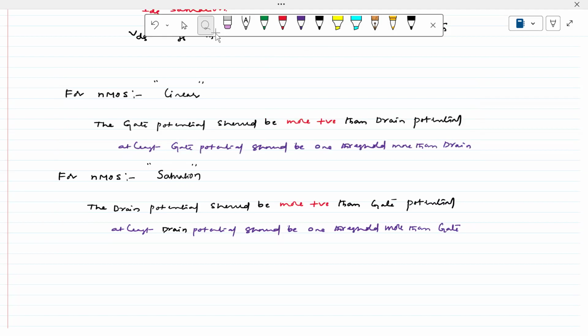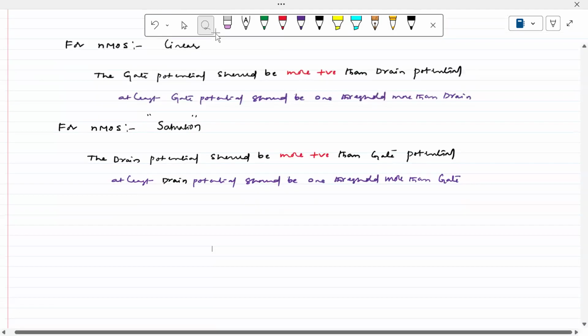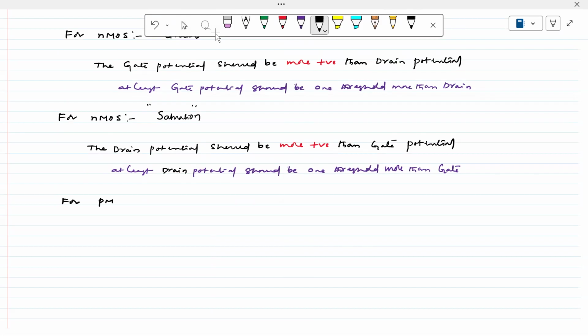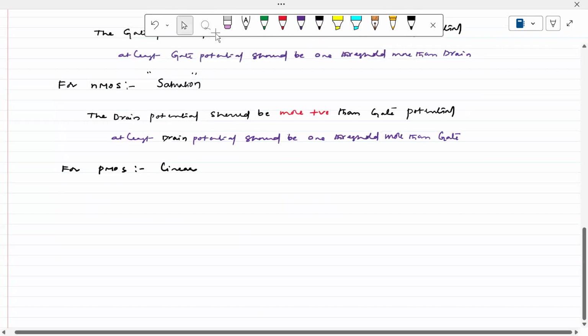Okay, let me do it for the PMOS. For PMOS to be linear, what is the condition?